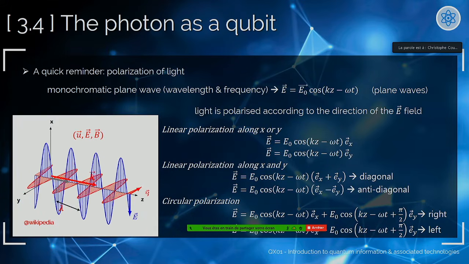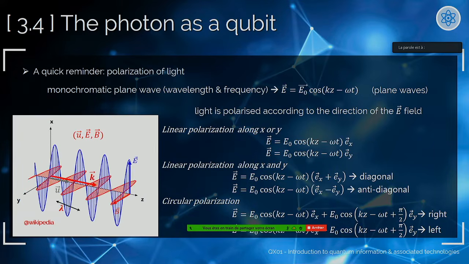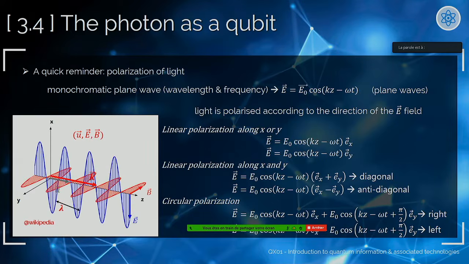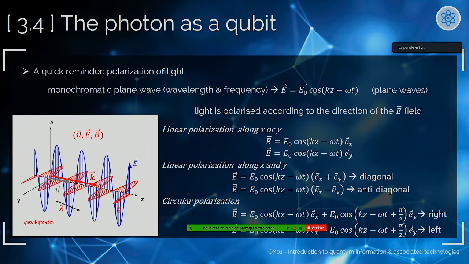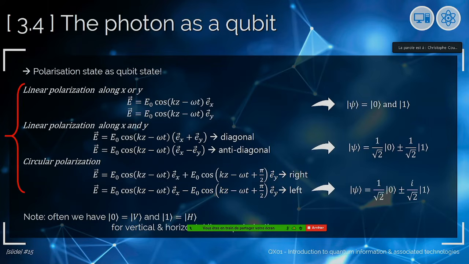And therefore, what I can have now is a circular polarization. So it could be circular right or circular left. It would be like a helicoidal movement for the E field towards you. And what we said is that the good thing is that if I apply this to a quantum object, this is a classical wave, but the quantum part of this classical wave is the particle object, the photon.